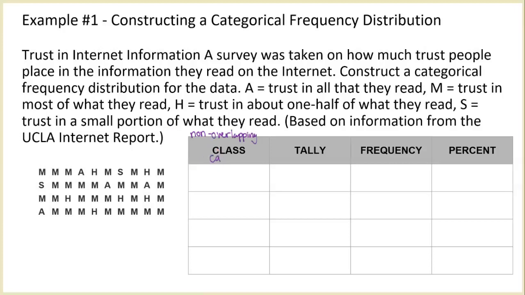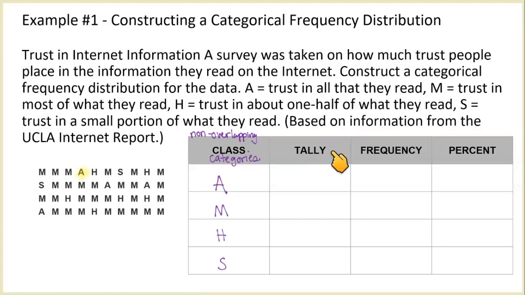We use the information provided: the letter A represents always trust, M represents most of what they trust, H is half of what they trust, and S is a small portion of what they trust. These are non-overlapping categories because someone can't trust all that they read and, at the same time, trust only some of what they read. So you fall into one of these 4 categories.